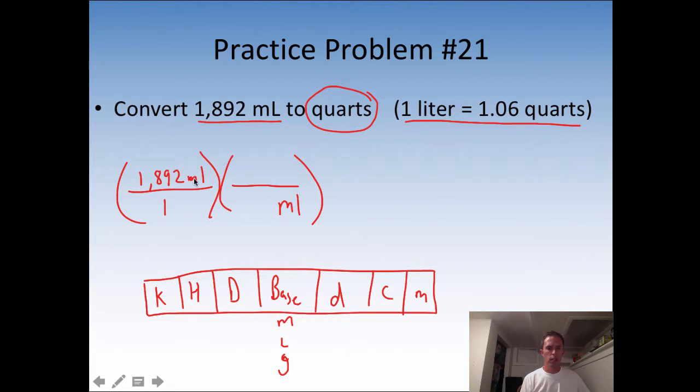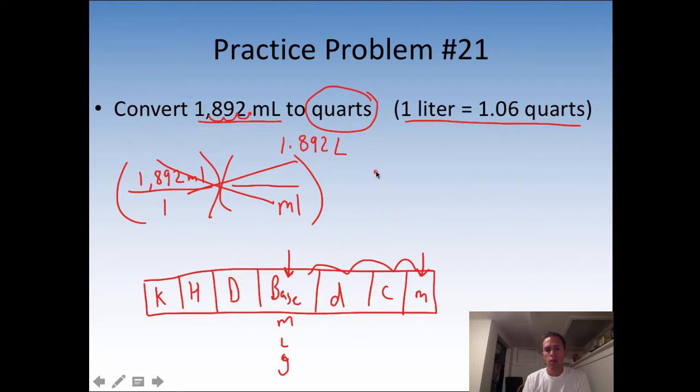Okay, if we're going to convert milli, this is the milli box, to liters, liters would be the base unit, so we need to move the decimal 1, 2, 3 times to the left. And so there's an understood decimal place right here, 1, 2, 3 times to the left. And so that is 3 places there. So, okay, let's see. I'm going to scratch this part of it. And since I've converted it to liters, that is 1.892 liters.